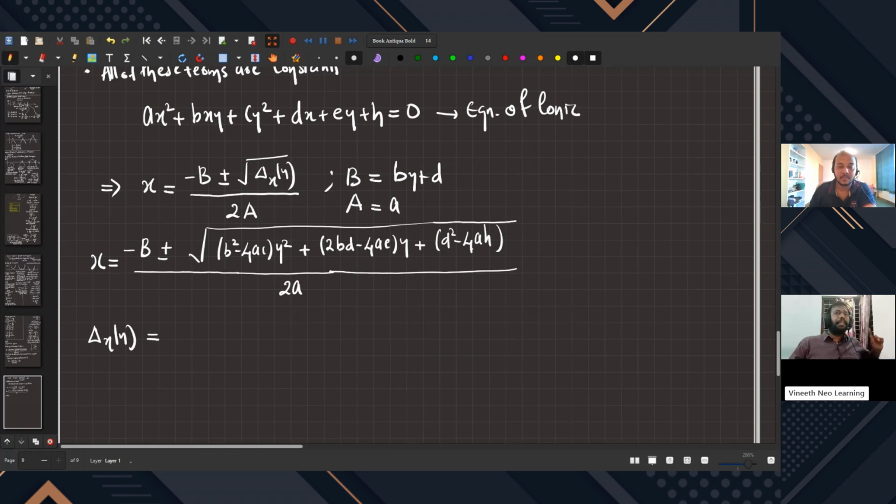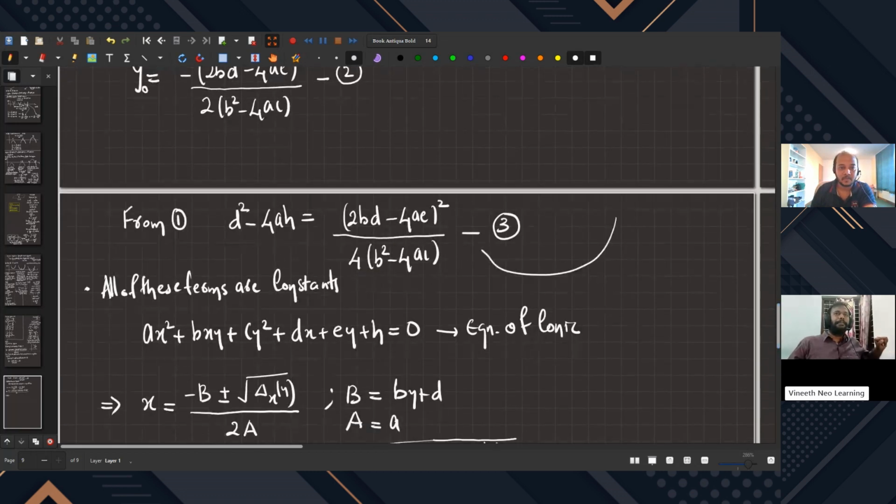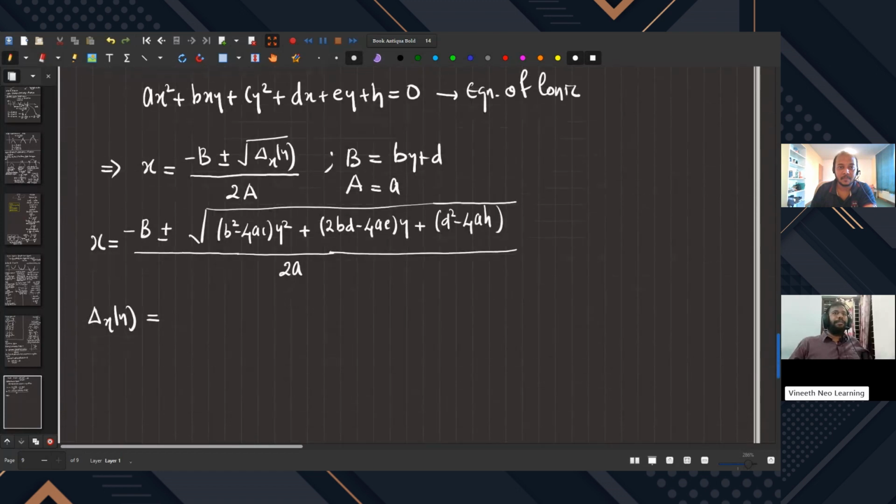Instead of writing d squared minus 4ah, we have actually found the value of d squared minus 4ah for our case, so let's substitute here.